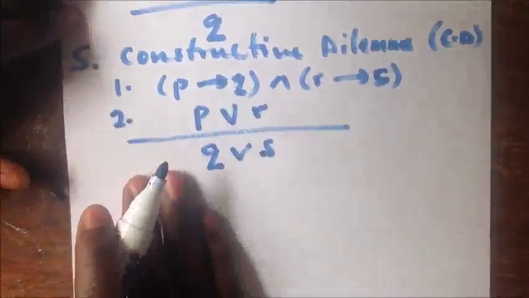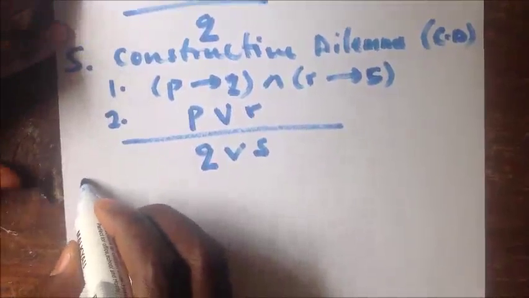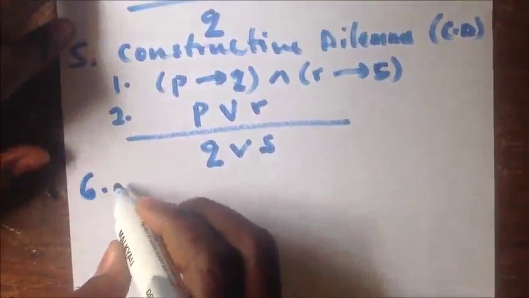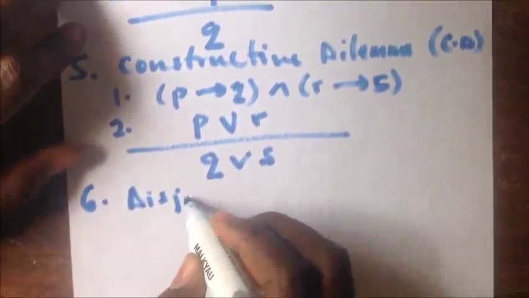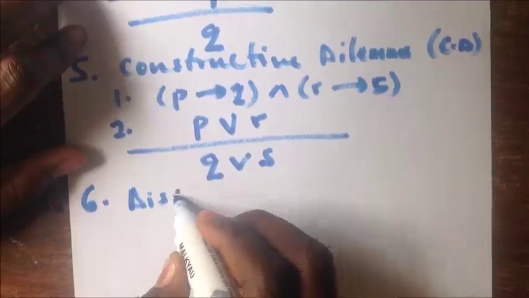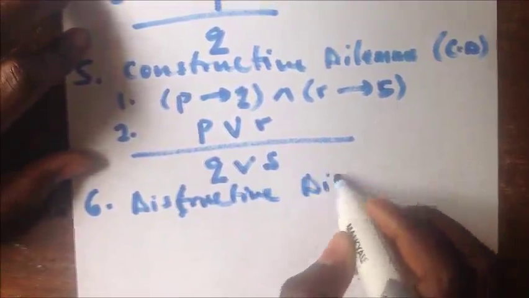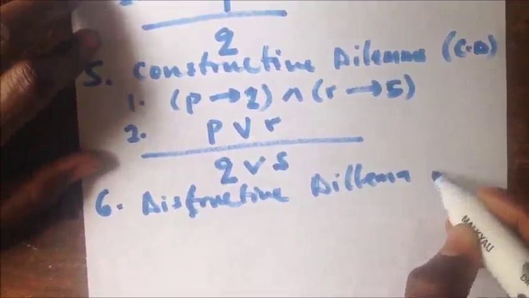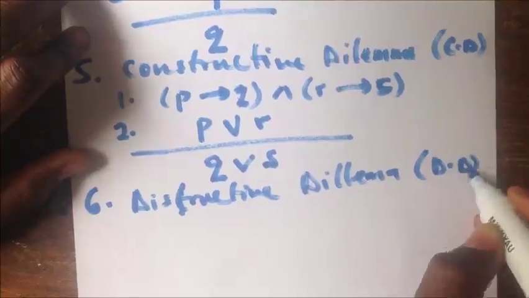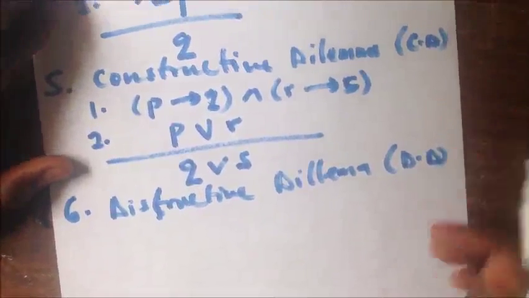Then the 6th one is the destructive dilemma, as opposed to the constructive, abbreviated as DD.